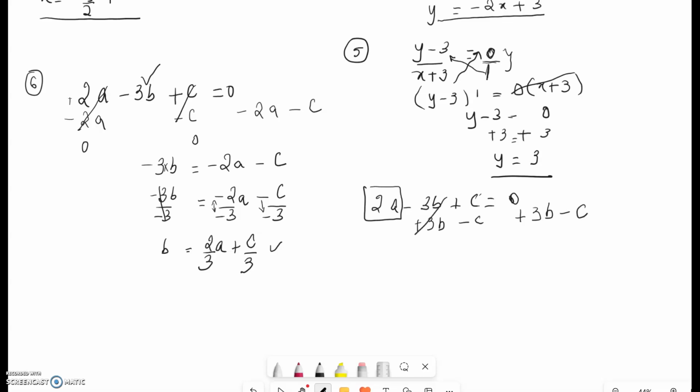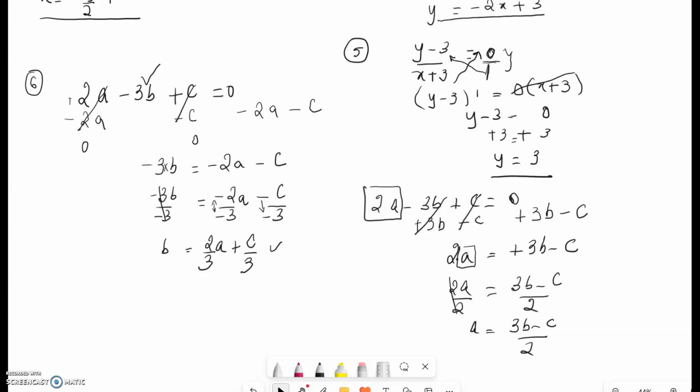That becomes a 0, that becomes a 0. 2a plus 0 is 2a, and that's equal to 3b minus c. How do I get rid of the 2? Because I want to get a by itself. I divide by 2, and that's equal to 3b minus c over 2. So a is equal to 3b minus c over 2.